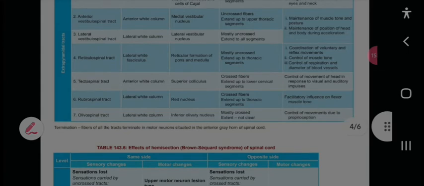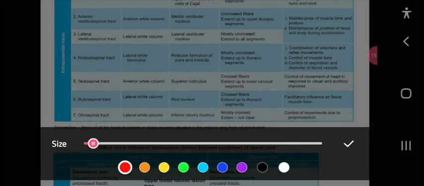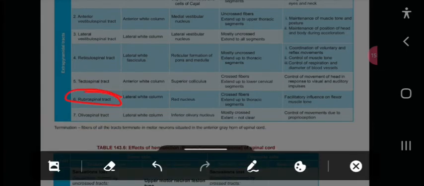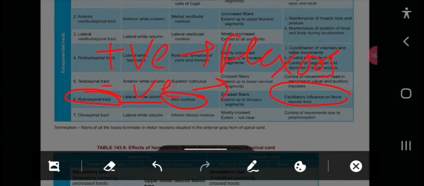Rubrospinal tract: rubro means red. Lateral white column, red nucleus, crossed fiber extends up to the thoracic segment, facilitates flexor muscle tone, positive to the flexors and negative for the extensors.